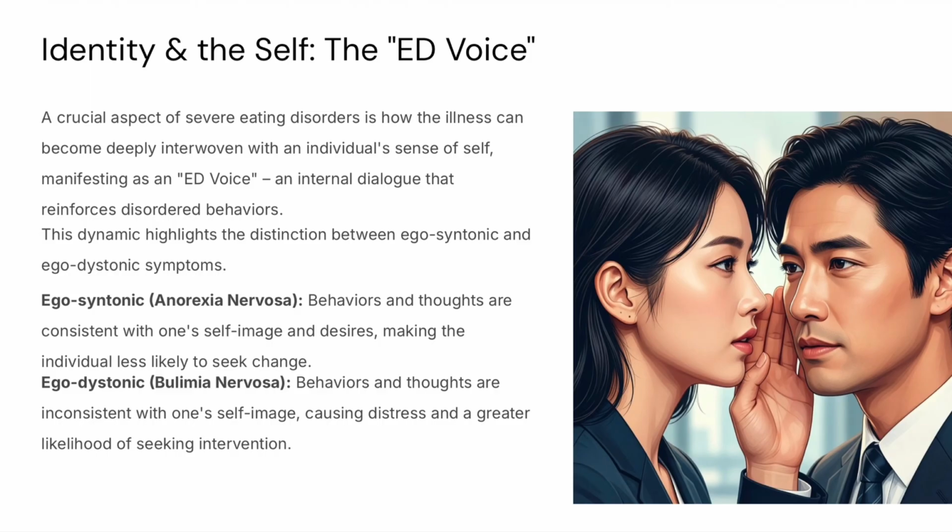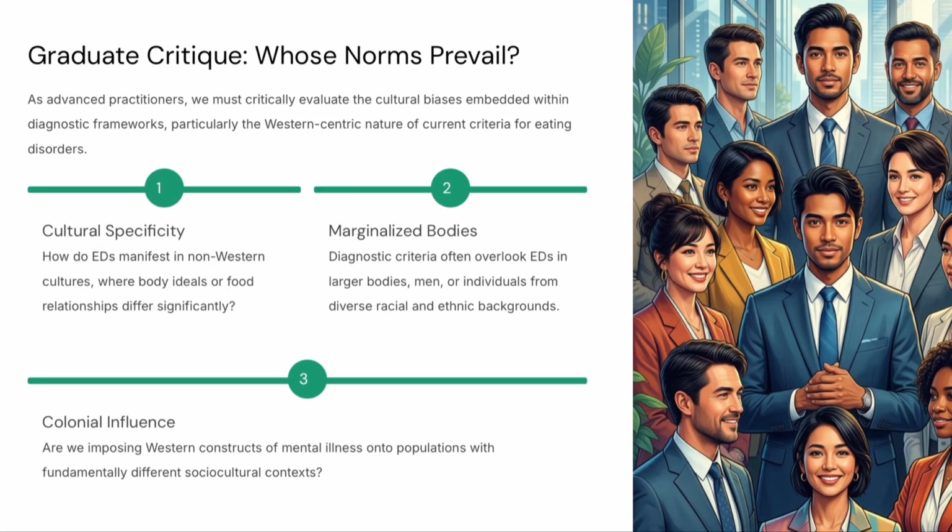Next, we will look at how these internal struggles are judged by society and the impulse control labels. For this part of the presentation, I want to focus on the question, whose norms prevail when we diagnose eating disorders? Most eating disorder diagnostic criteria were developed in Western countries, particularly in the United States and Europe. These criteria emphasize fear of weight gain, body dissatisfaction, and pursuit of thinness.